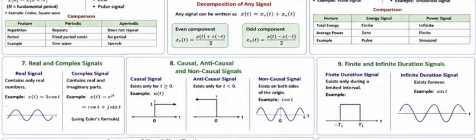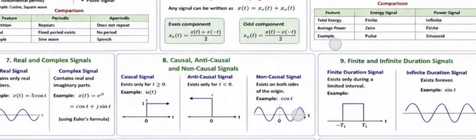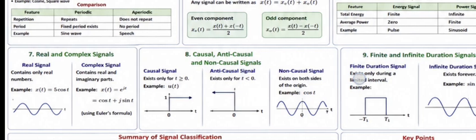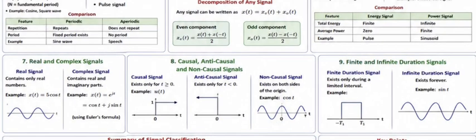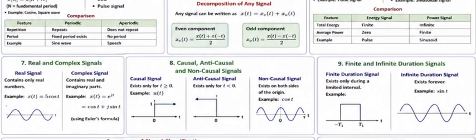So next we are going to discuss the topic of real and complex signals. Okay. When I call a signal a real signal, it is whenever it contains only a real number component. For example, x of t equal to pi into cos t has only a real component in it. But if I want to discuss the complex signal, it also has an imaginary part in it.